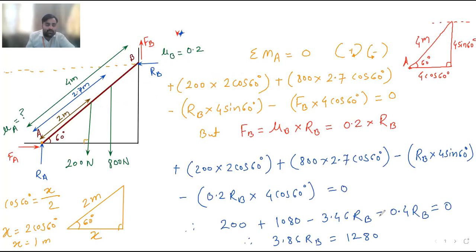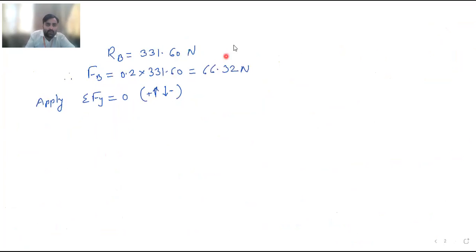RA is moving upward, positive; 200 is moving downward, negative; 800 is moving downward, negative; and FB is moving upward, positive. So we write the equation RA plus FB minus 200 minus 800 is equal to 0.